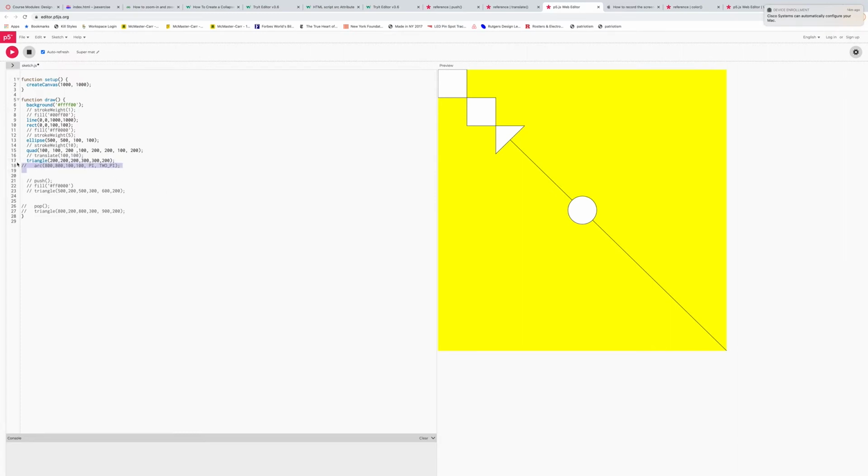And then our final shape that we're going to take a look at is the arc. And you'll notice that we have 4 parameters, and then pi and 2 pi. Now, you need to end your final 2 coordinates with pi and 2 pi, or it will break.